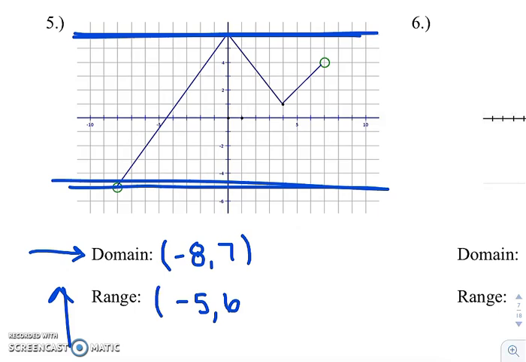So we're not going to include it. We're going to include everything down until -5, while for your 6 value, because it doesn't specifically have an open dot there, that point is part of that graph, and we can include 6 as part of the range of this function.